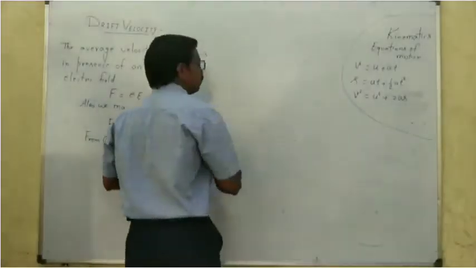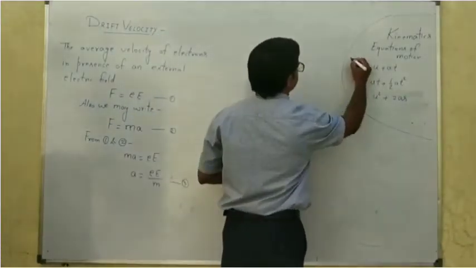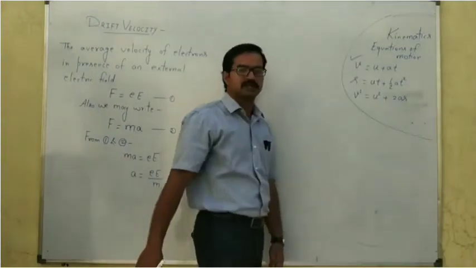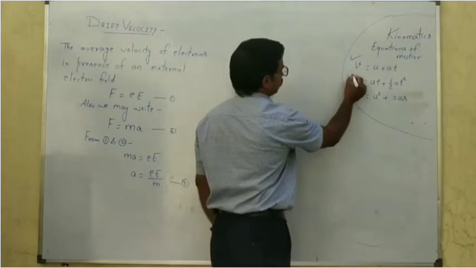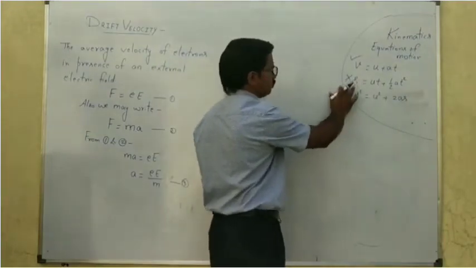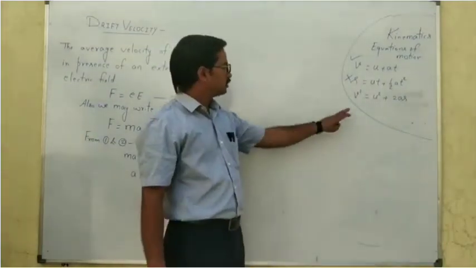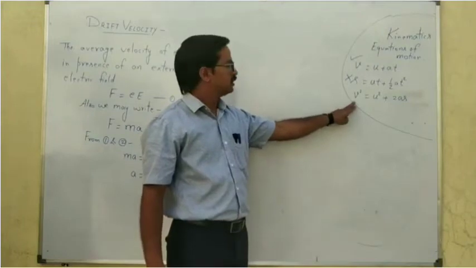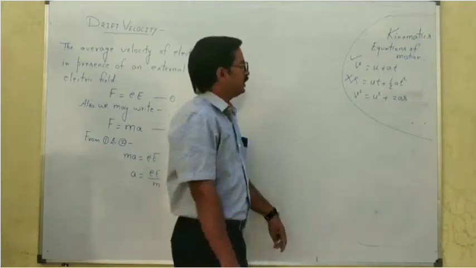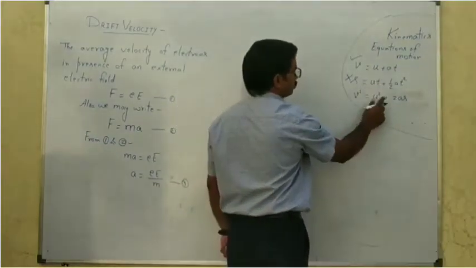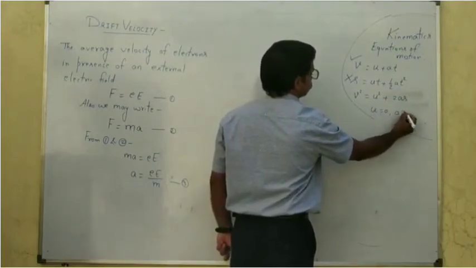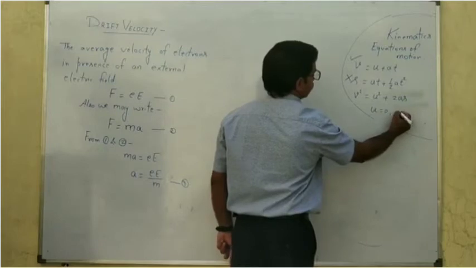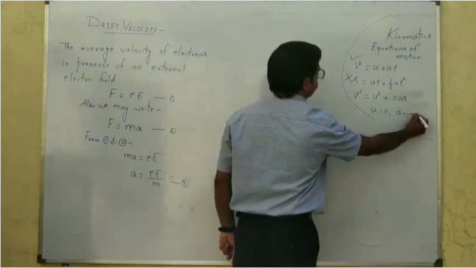Which of these are we going to use? The first equation of motion. Why the first? We can see the final velocity here. In the second equation of motion there is no term of final velocity, so we cannot use it. In the third equation of motion, u is 0. In each and every equation, our initial velocity u is 0, and a is constant, acceleration uniform.